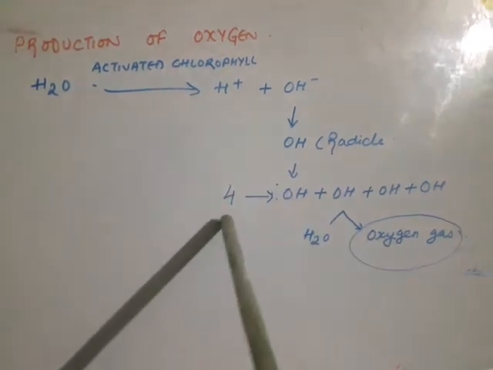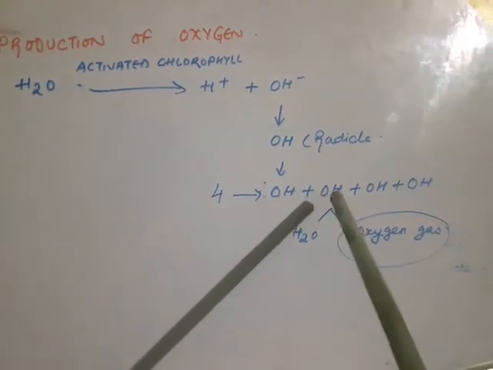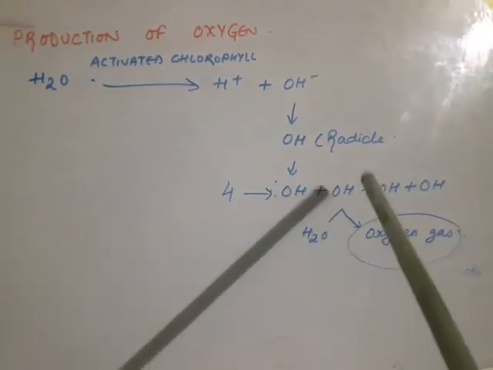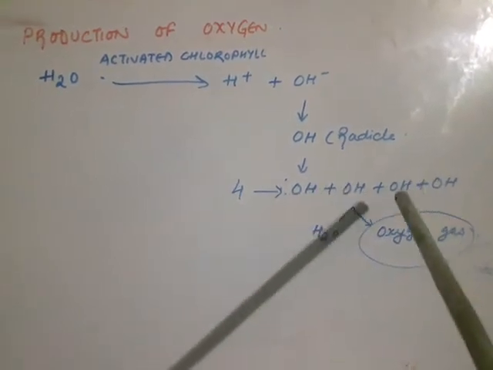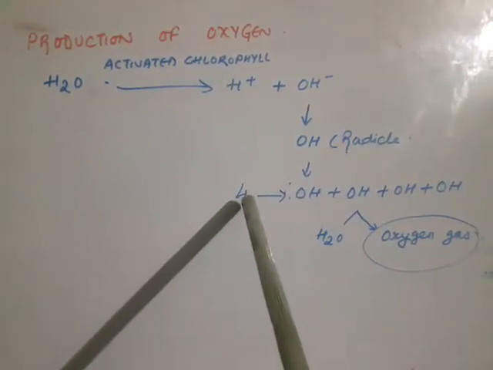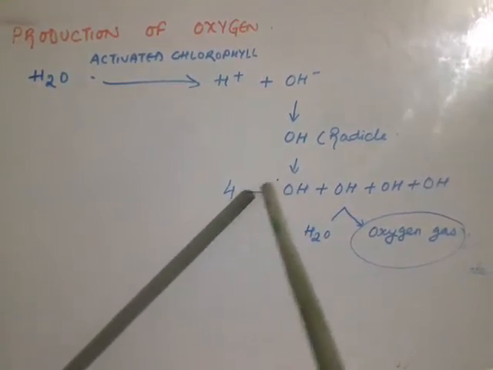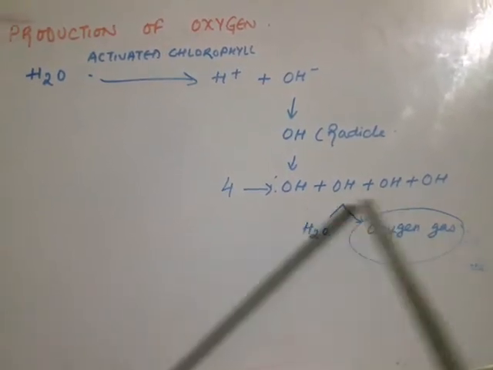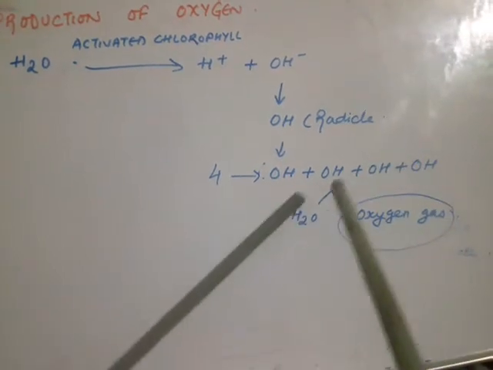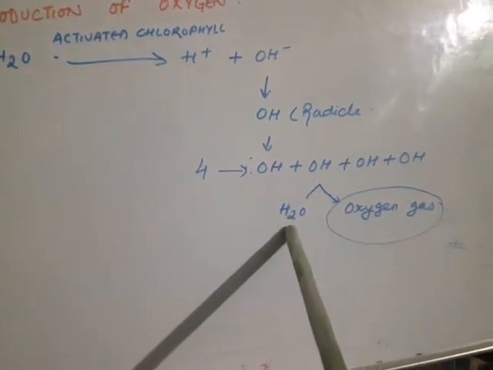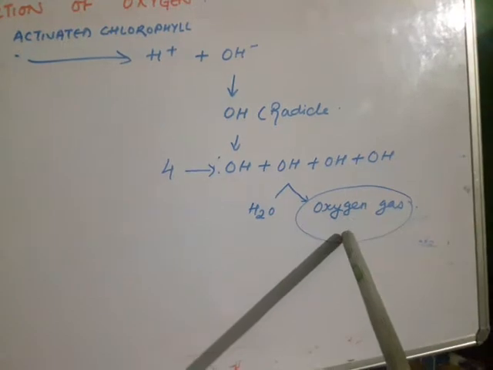Now there are a number of OH radicals formed during photolysis. Altogether there are four OH. When the four OH radicals combine and react with each other, they form water molecules and oxygen gas.